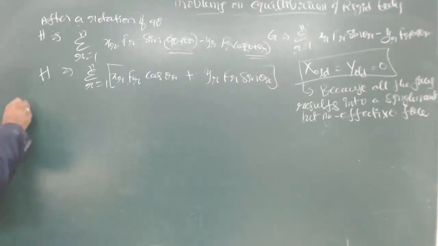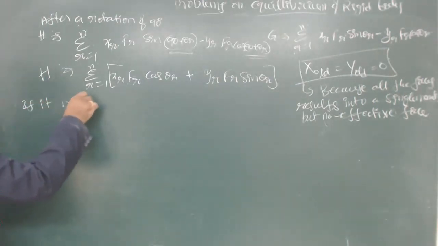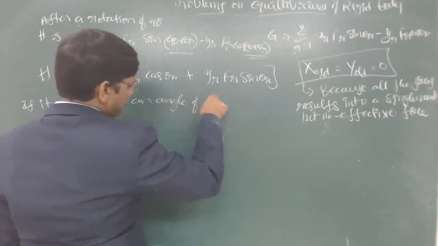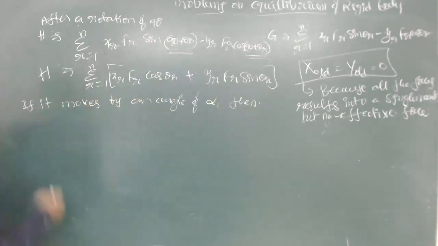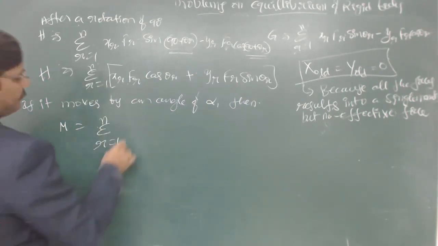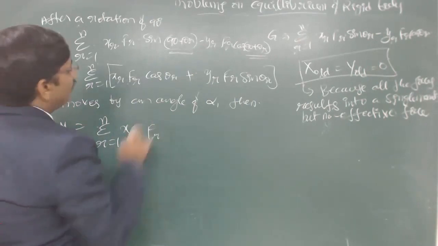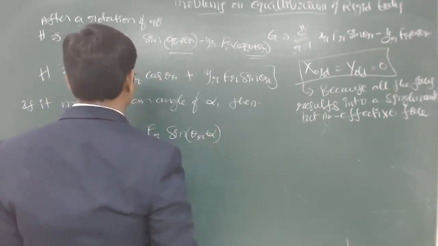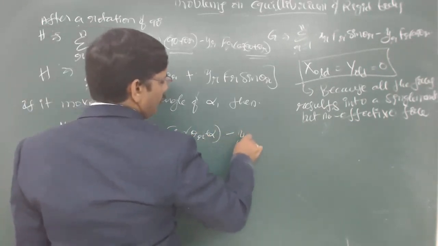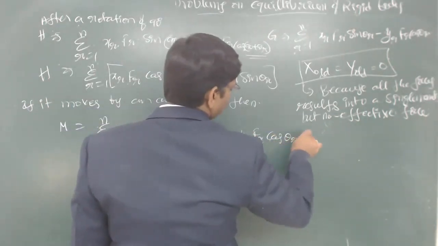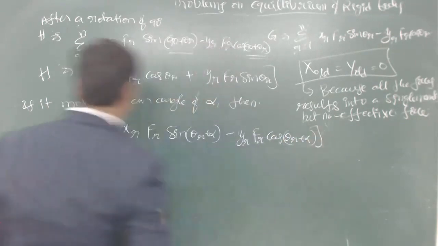So if it moves by an angle of alpha, then the resulting moment, I call this M, is equal to the sum over r from 1 to n of xr into Fr sin(theta r plus alpha) minus yr into Fr cos(theta r plus alpha). So this is the resulting moment.